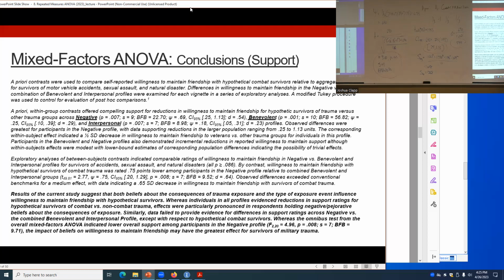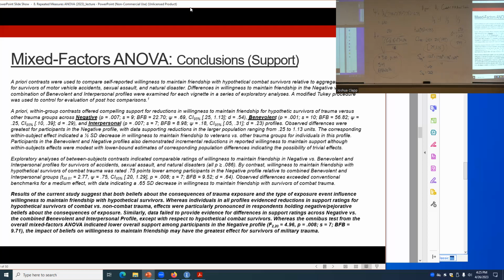That's within stuff and between stuff. So here is where we're pulling it all together, right? Results suggest that both beliefs about the consequences of trauma exposure and the type of exposure event influence willingness to maintain friendship with hypothetical survivors. Individual profiles all evidence reductions in support for combat versus non-combat trauma, with effects particularly pronounced in respondents holding negative, pejorative beliefs about the consequences of exposure.